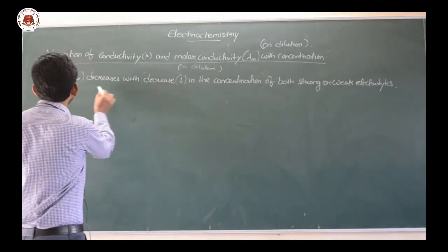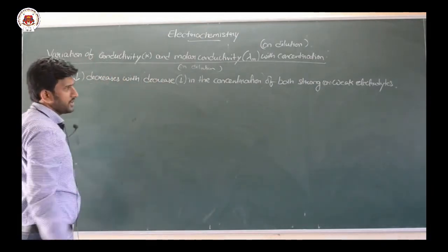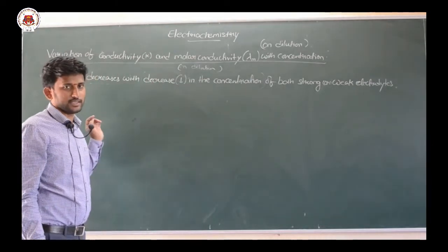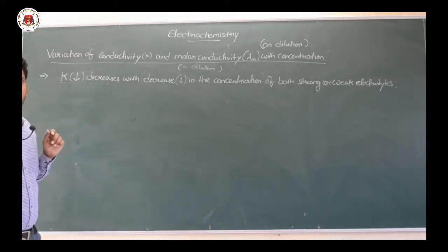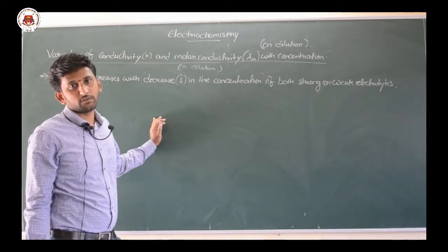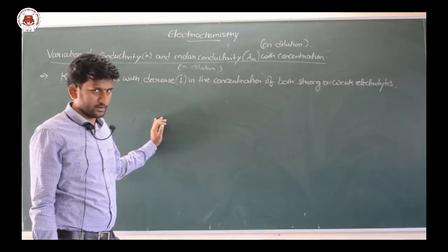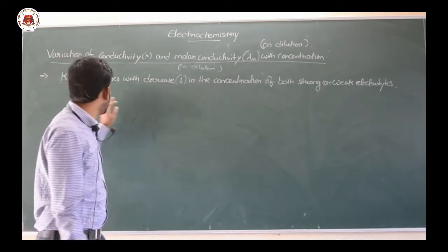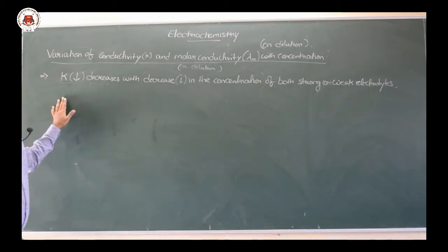So on dilution, conductivity of whether it is strong or weak electrolytes decreases. Why does it decrease? Because on dilution, the number of ions per unit volume decreases. That is why the K value also decreases on dilution.